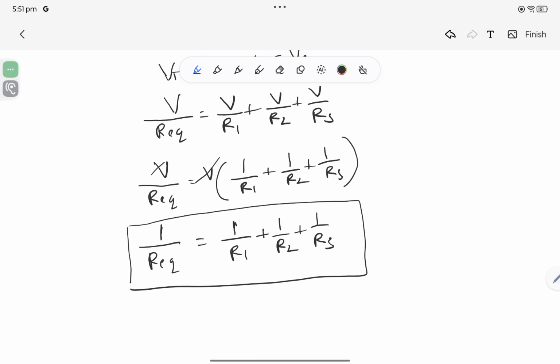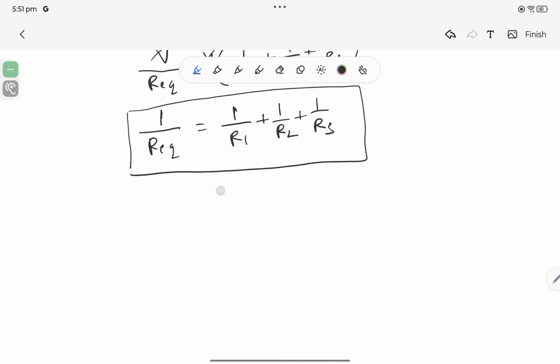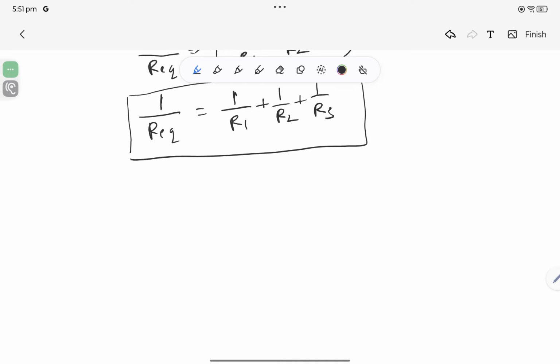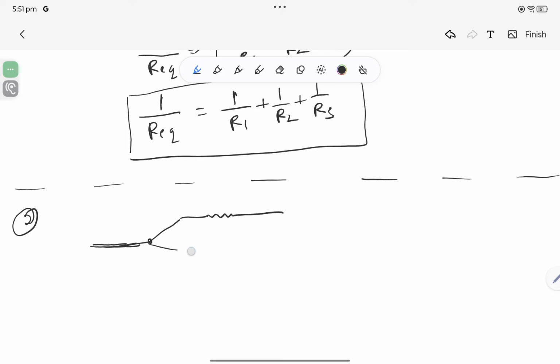We will solve one more question, then you will understand clearly what is the use of resistors in series and parallel. Let us take the same question. Second question: 3 resistors connected parallelly.